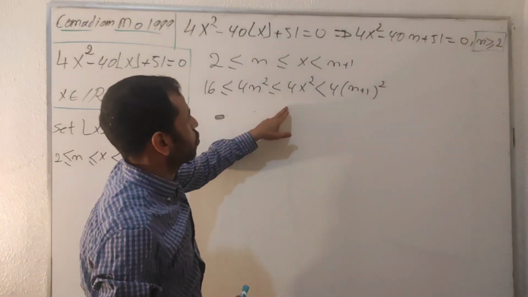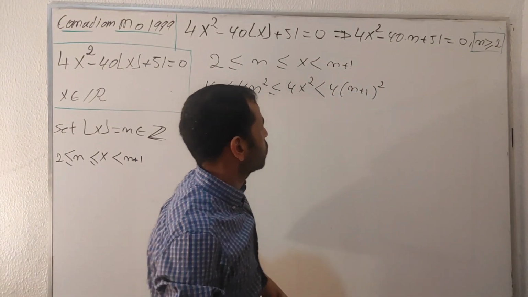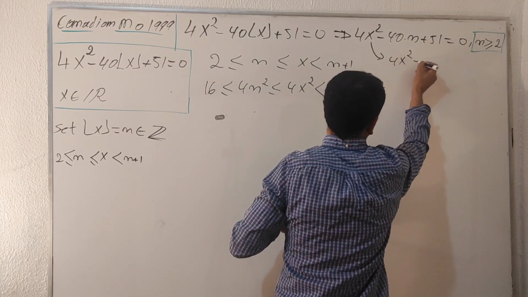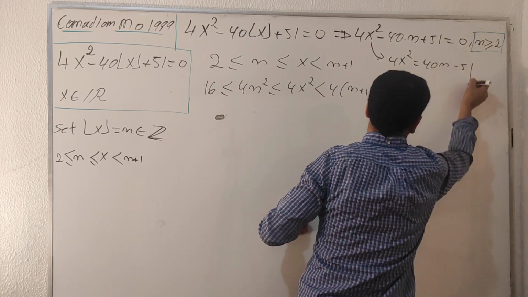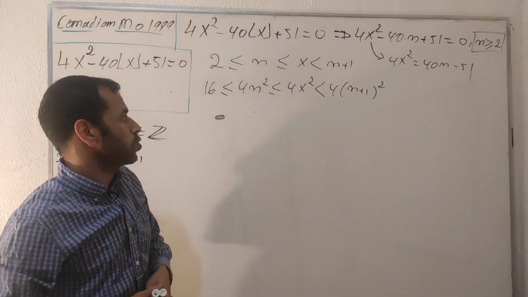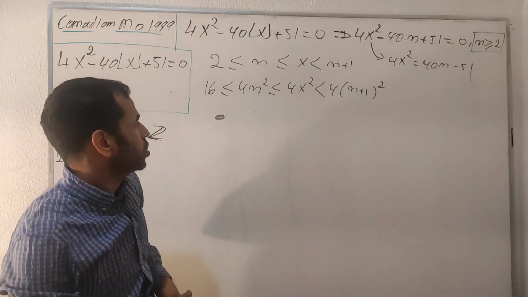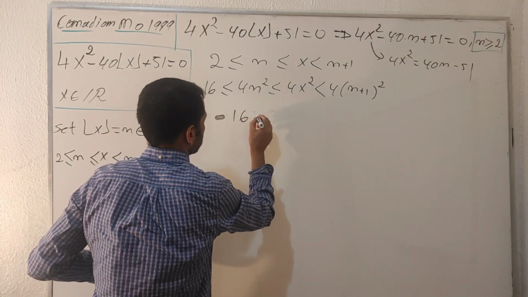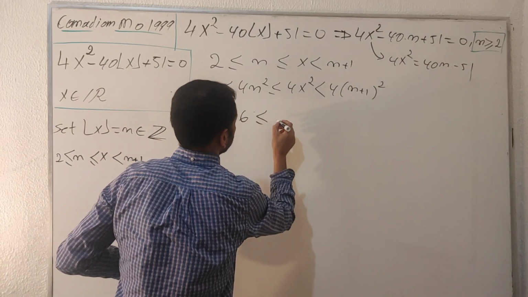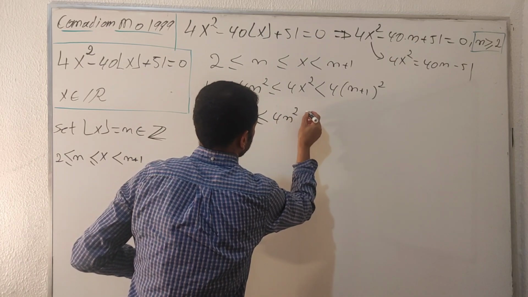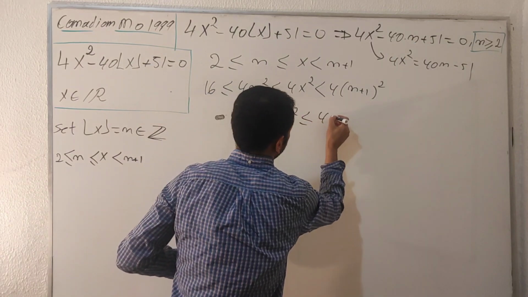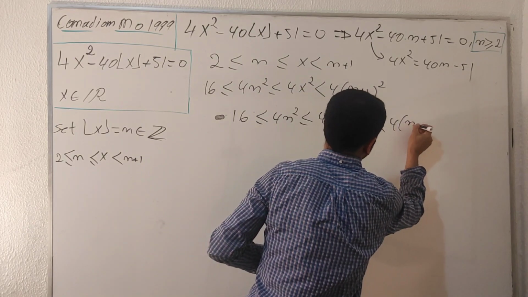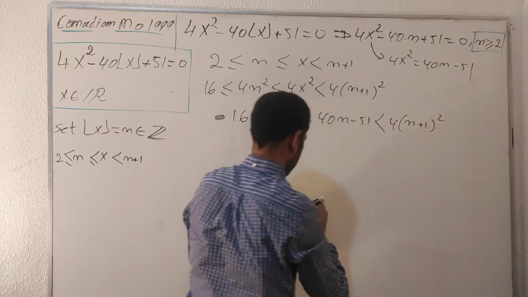Now we know 4x² = 40n − 51. Taking this value of 4x² and replacing it into this inequality, I will have 16 ≤ 4n² ≤ 40n − 51 < 4(n + 1)².